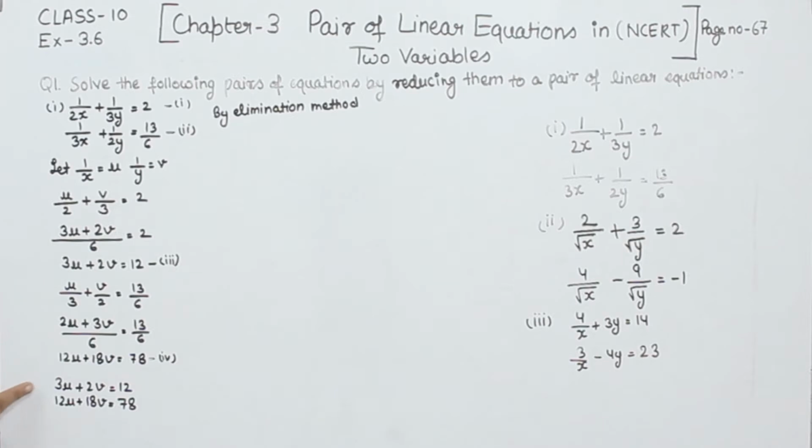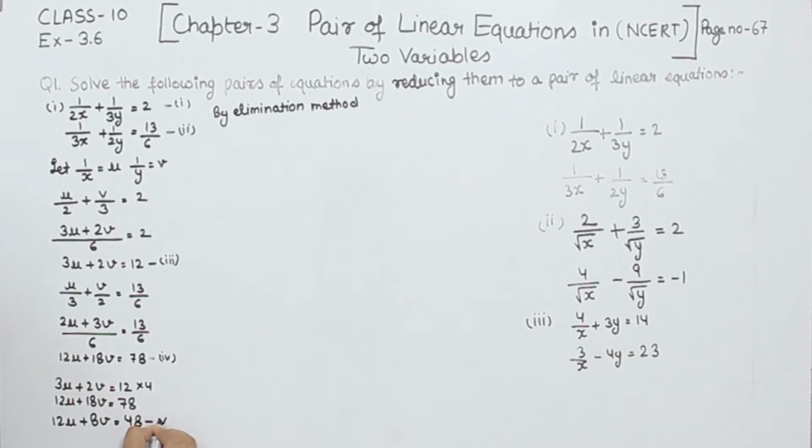I am going to make this 3 into 12. For that, we have to multiply the whole equation by 4. So to multiply this one, we are having 4 times 3 is 12, 4 times 2 is 8, and 12 is 4 times 3 is 12, and 4 times 12 is 48.